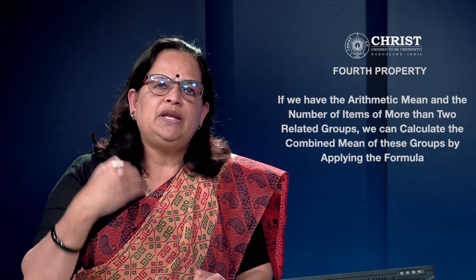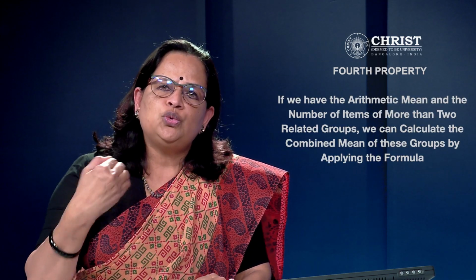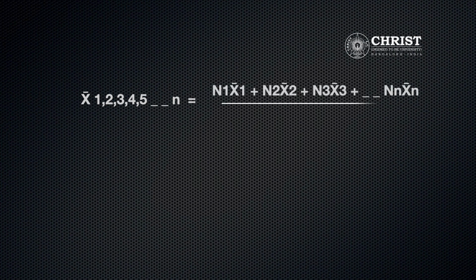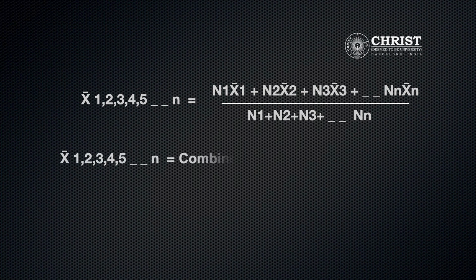Now we come to the fourth property. If we have the arithmetic means and numbers of items of two or more related groups, we can calculate the combined mean of these groups by applying the formula: x bar 1,2,3...n is equal to n1 x bar 1 plus n2 x bar 2 plus n3 x bar 3 up to nn x bar n, divided by n1 plus n2 plus n3 up to nn. Here x bar 1,2,3 is the combined mean of the groups.